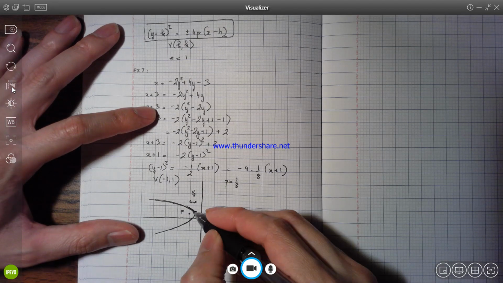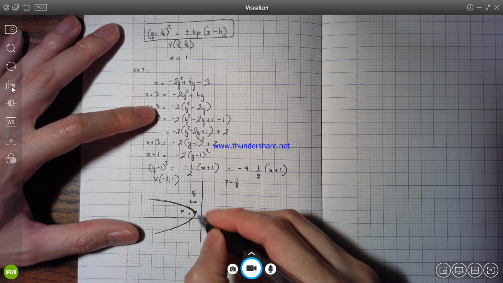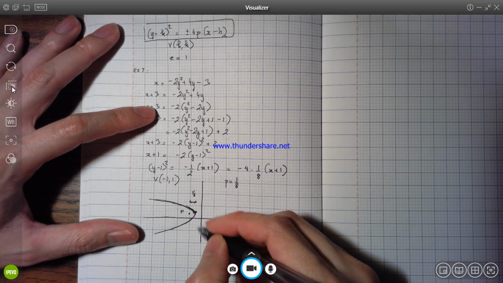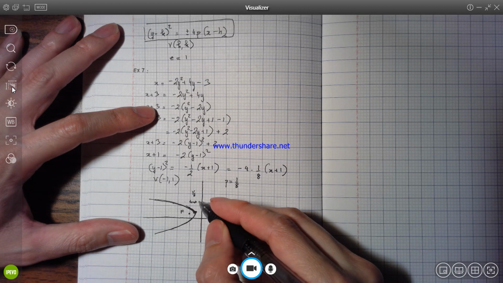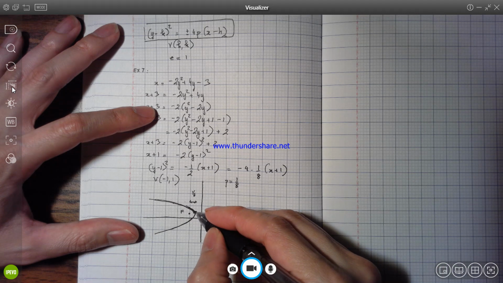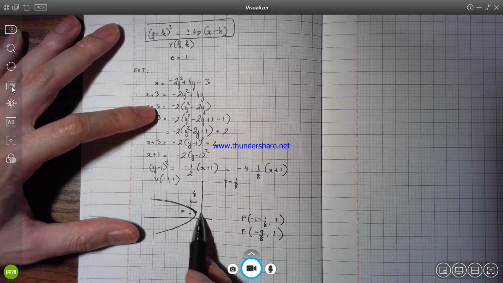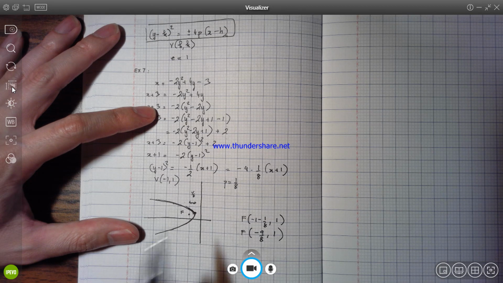All right, and because this is 1/8, the directrix must be between the vertex and the y-axis, because it's just 1/8 from the vertex. So from here to here is 1, from here to here is 1, and from the vertex to the directrix is 1/8.